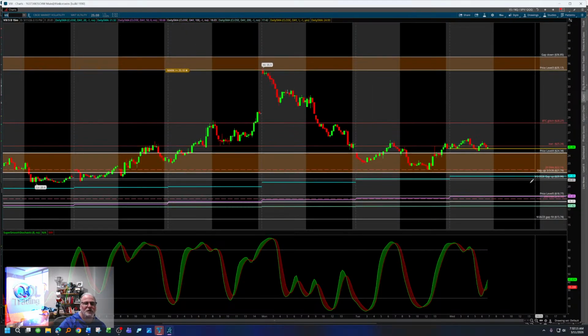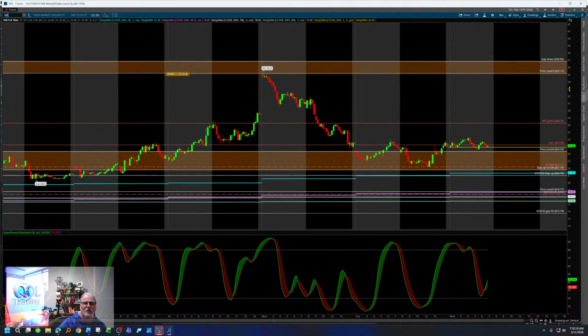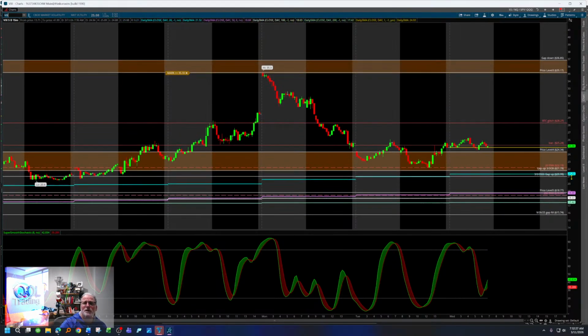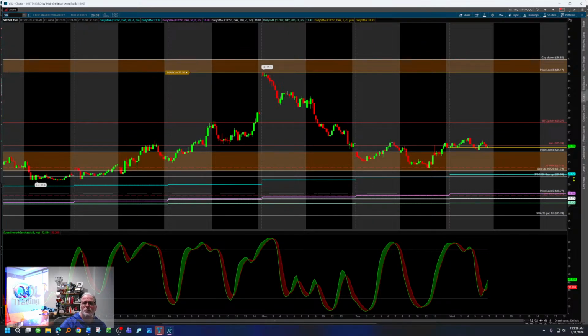However, let's start out with the VIX. We've been starting with the VIX a lot lately. Here you can put your indicators and your moving averages up on the VIX, just like a regular equity. Right now we are above the 20-day moving average at $21.32, and above the 50 at $18.68, and then the 200 at $17.42.